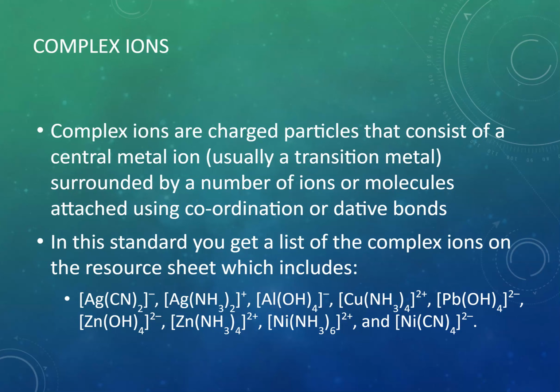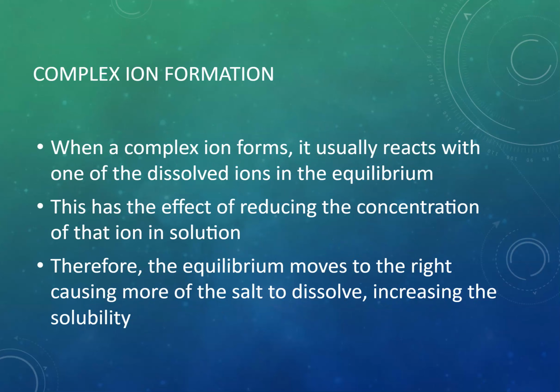Okay, so when it comes to complex ion formation, usually the complex ion is being formed from one of the dissolved ions in the equilibrium. So because you're removing that ion out of the equilibrium equation to make a complex ion instead, then that's going to reduce the concentration of that ion in solution, moving the equilibrium to the right or favouring the forward reaction, which is ultimately going to lead to more of the salt dissolving and therefore increasing the solubility of the salt.